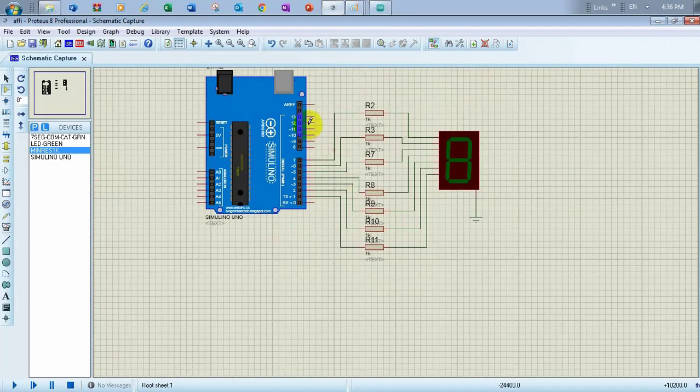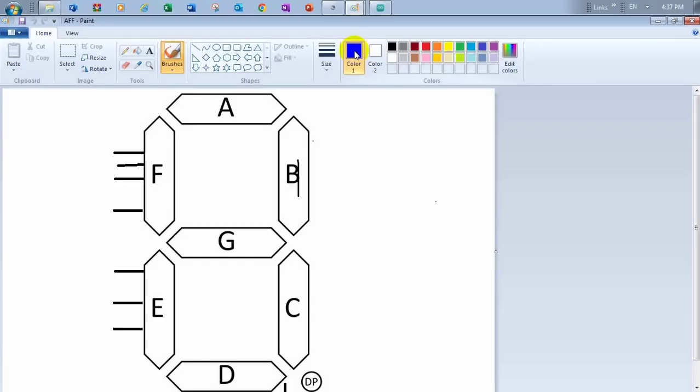It's how now, like this display, 7 segment display. Each segment is symbolized by a letter.